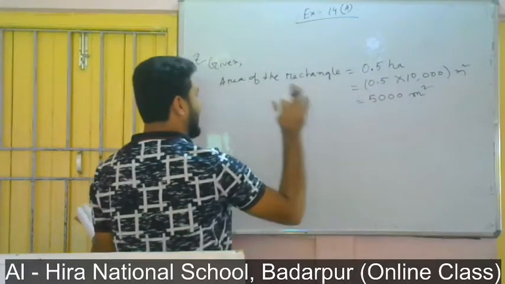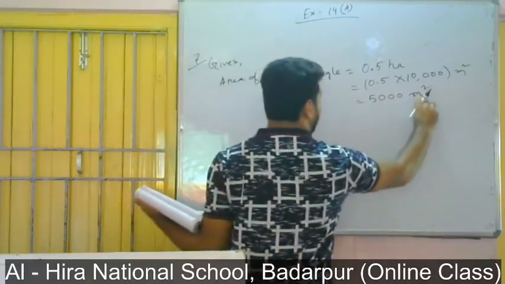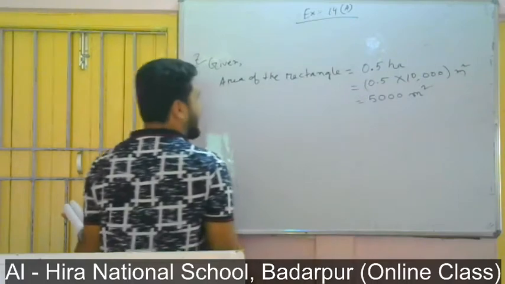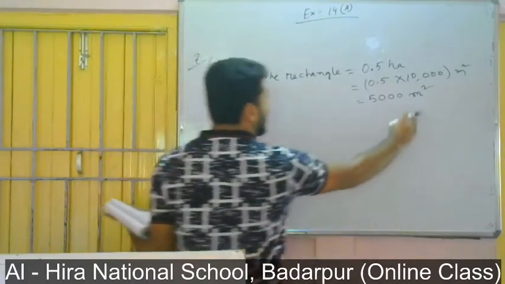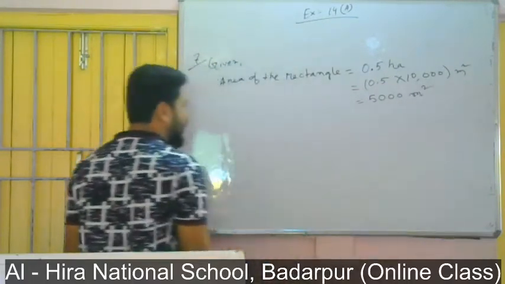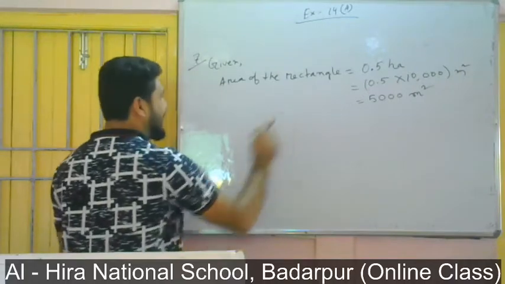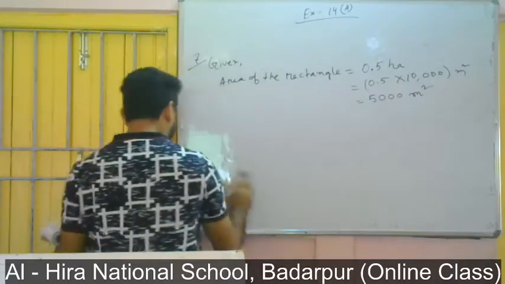As I said earlier, at the time of writing the unit of area, we always have to write square unit, so meter square. Now we can find breadth or length.